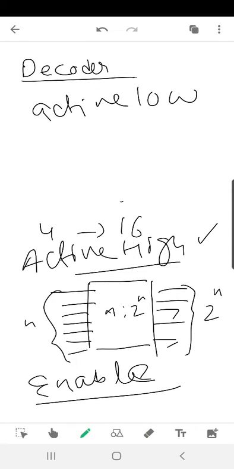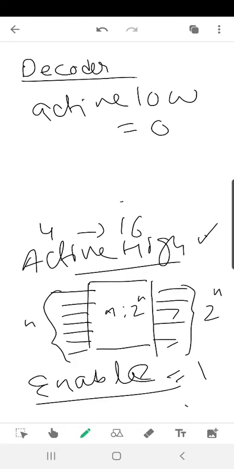Active high decoder is the decoder where our outputs will be considered when the value at our output is 1, and active low decoder is the decoder where our output will be considered when there is 0 at the output. Okay, so for active high decoder the value of enable should be 1, and for active low decoder the value of enable should be 0.